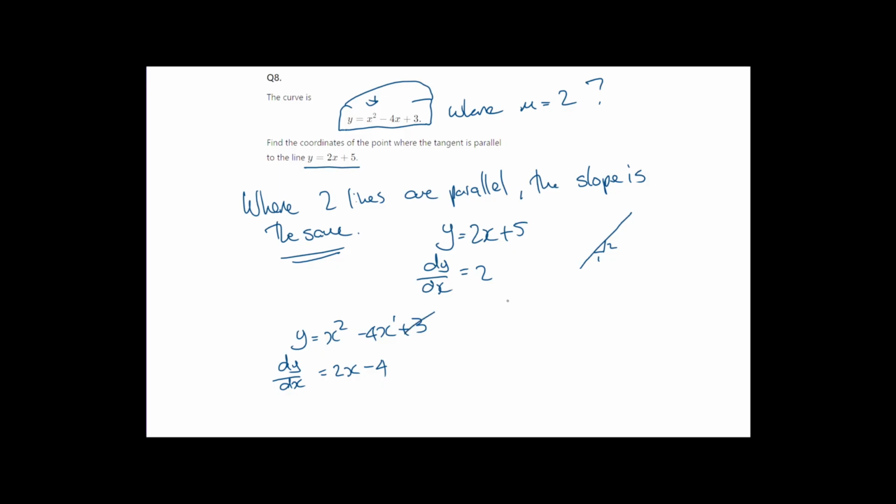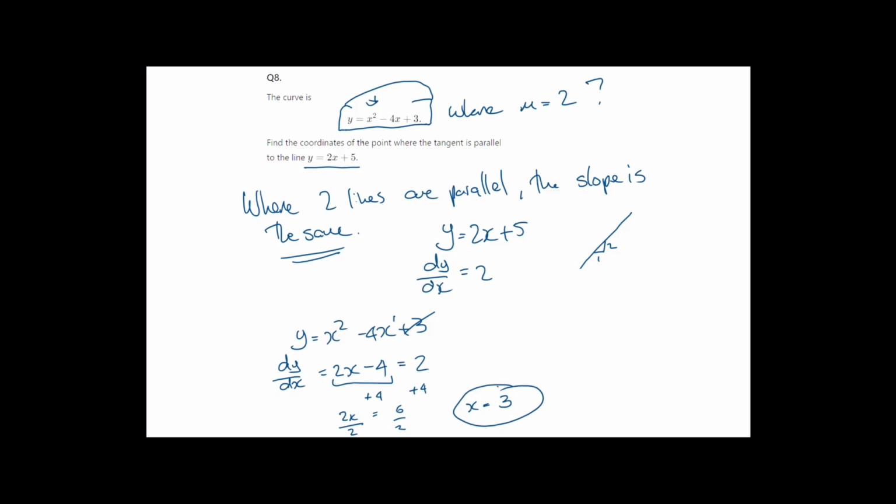The 3 goes to nothing. Where does that equal 2? What value of x needs to be fulfilled in order for that to be true? Well, 2x minus 4 equals 2, let's add 4 to both sides and divide both sides by 2, so x equals 3.